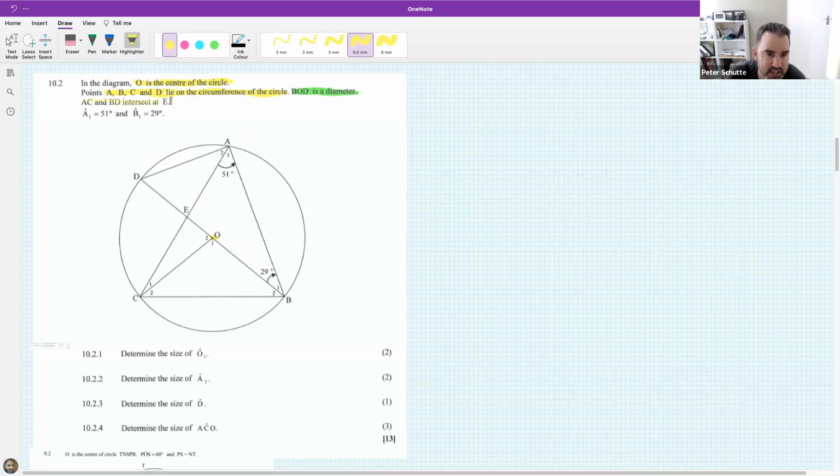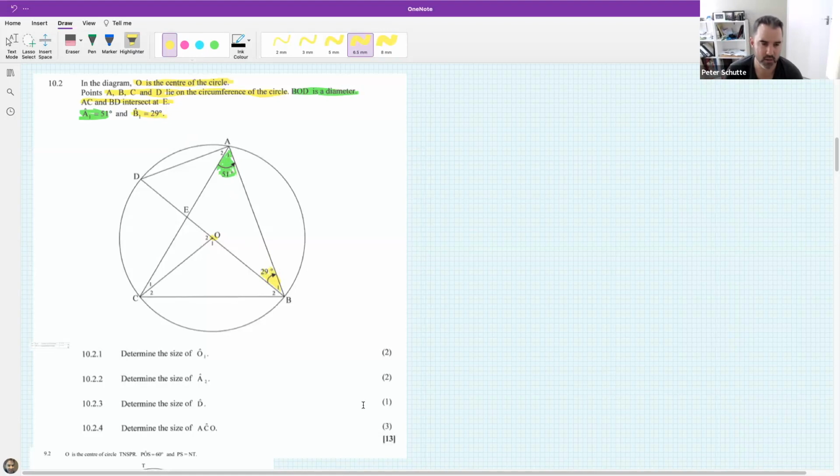AC and BD intersect at E. That's just a normal crossing line. And then they tell us A is 51, which is over here. And we know that B1 is 29, and that is down over here.